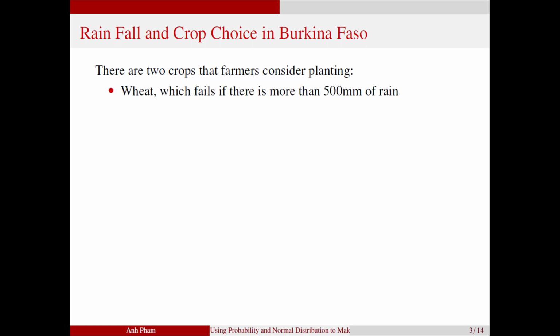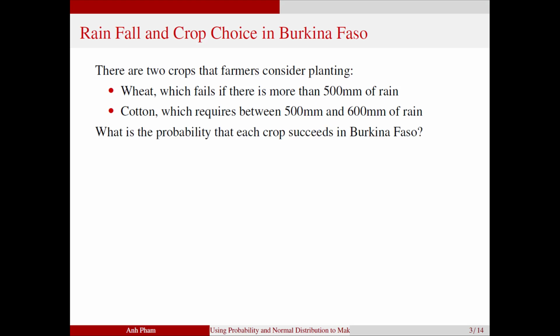Wheat is going to fail if there is more than 500 milliliters of rain. Cotton requires between 500 and 600 milliliters of rain to succeed. So to advise the government what to do, we need to find out the probability that each crop succeeds in Burkina Faso.